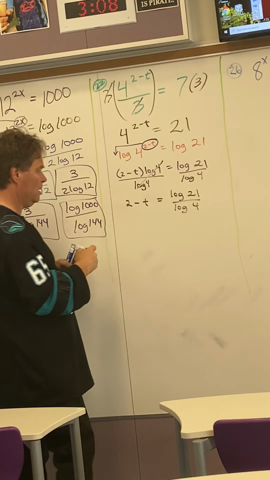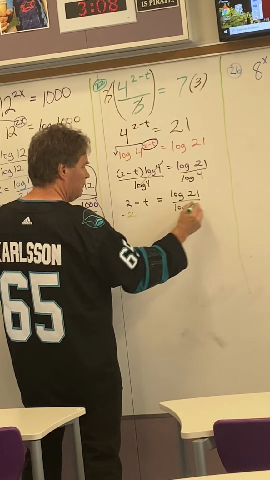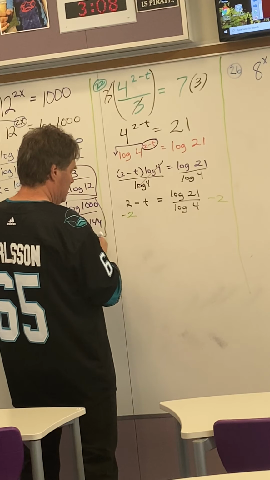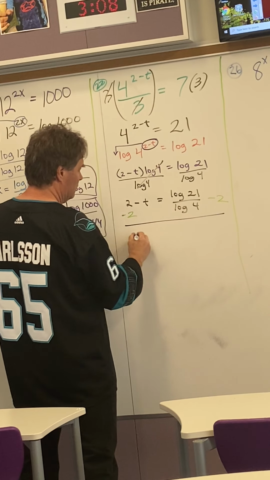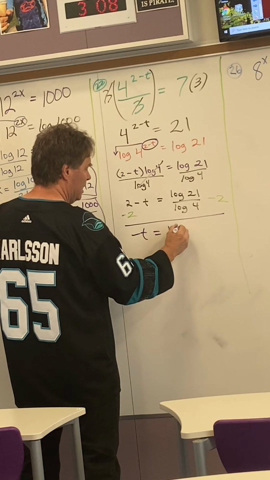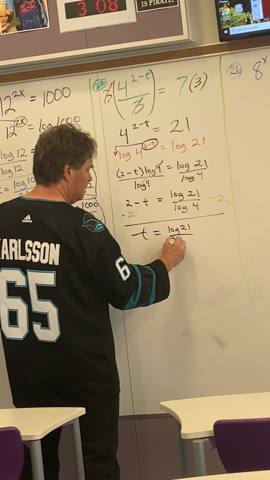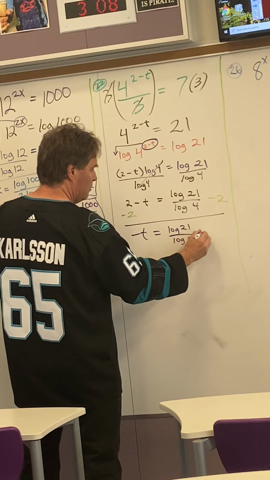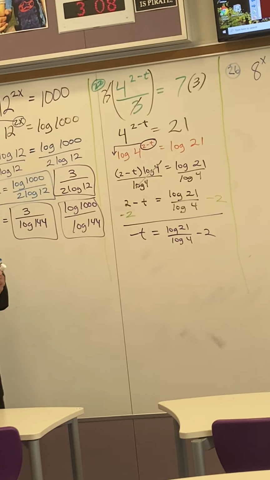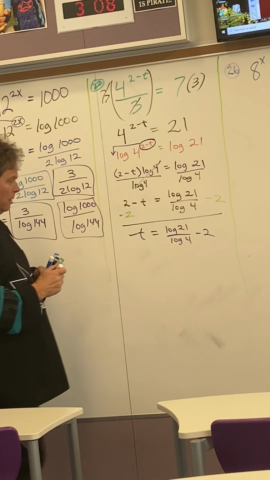And then minus 2 from both sides. And I would get, there's a couple ways you could look at this. Minus t is this guy minus 2. But wait a minute, I don't want to know what minus t is. I want to know what regular t is.